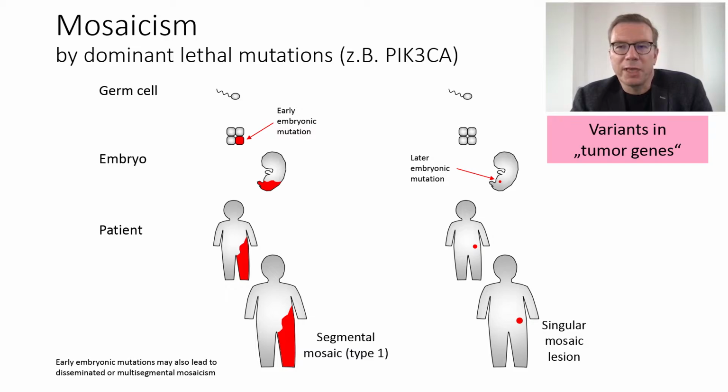In the case of the variants in tumor genes, which are lethal as dominant mutations like PIK3CA mutations, it depends on the timing of the mutation, whether the phenotype has a segmental or multi-segmental distribution, or in the case of a late embryonic mutation, it may occur just as a singular mosaic lesion.